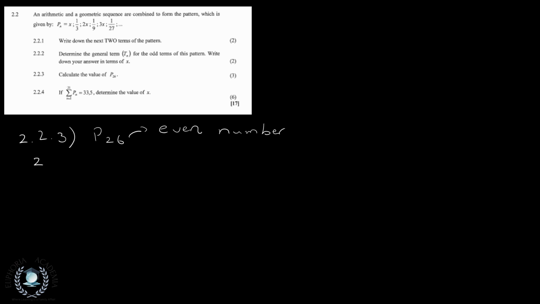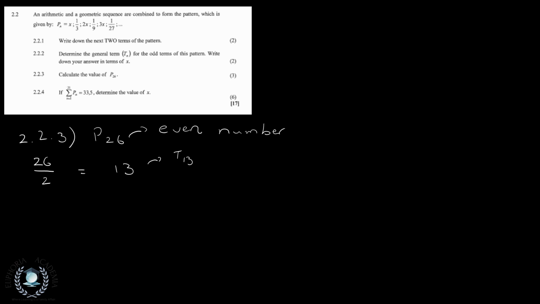Rather, because they alternate, we're going to divide that 26 by 2. That is going to give us 13. So it's the 13th term of the geometric series, and we're just meant to find the value of it.